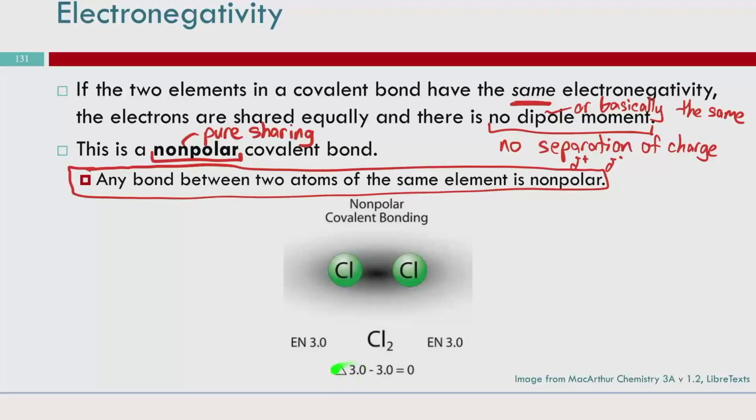Our difference in electronegativity, 3 minus 3, is 0. Full sharing. So nobody's pulling the electrons stronger towards them. They just get stuck in the middle. What a covalent bond should be. This would be like identical twins getting into a fight. Who knows who won? Even if one person wins, good luck.